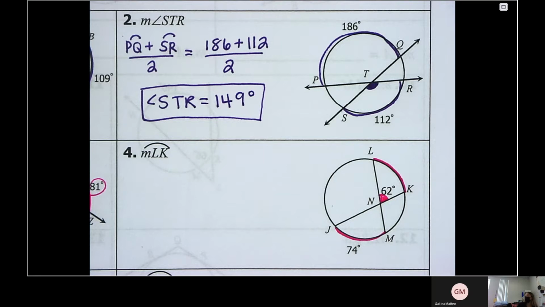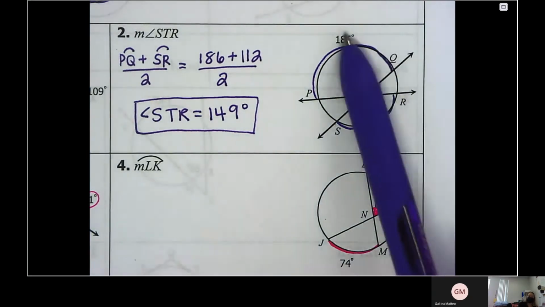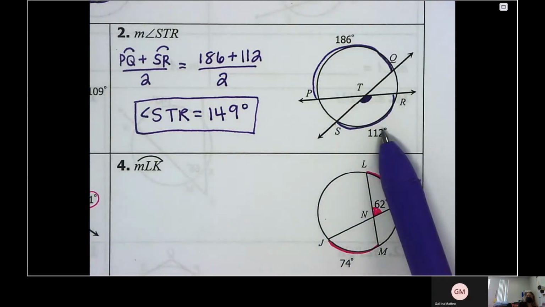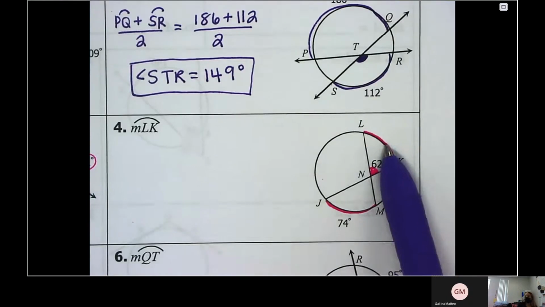There you go. Good. So here's essentially what Isaiah is saying. In this other problem over here, we did arc plus arc divided by 2 gave us the angle. We're going to do the same thing here. We're essentially just going to undo it like it's an algebra problem and solve for the piece that we don't know. So I don't know what this arc is right here.